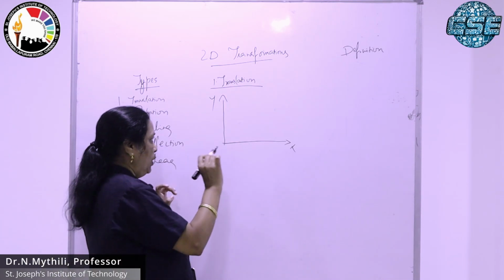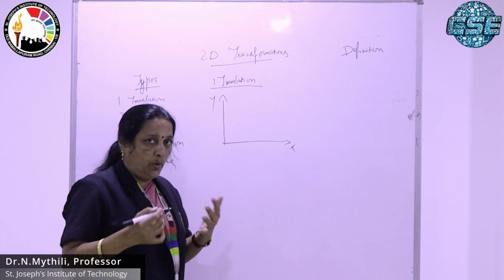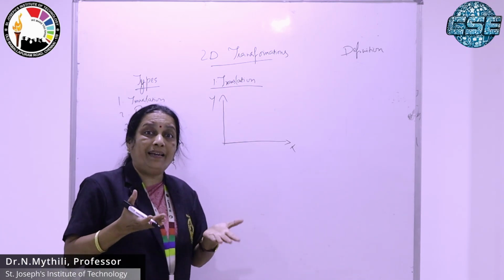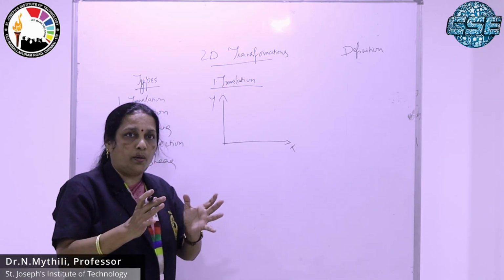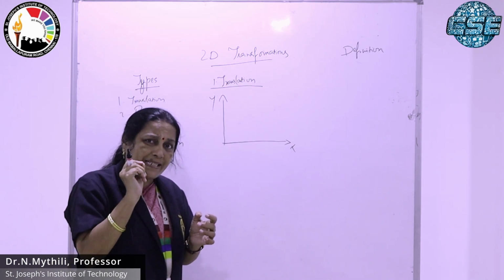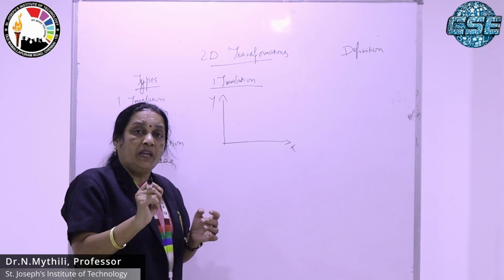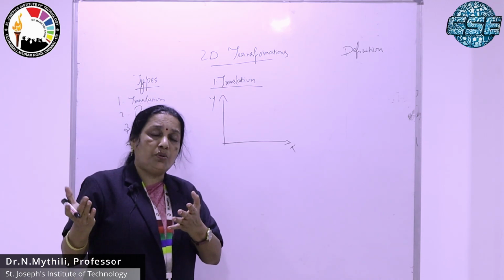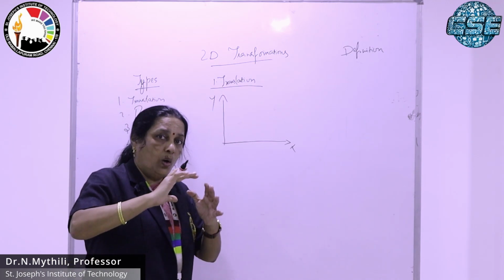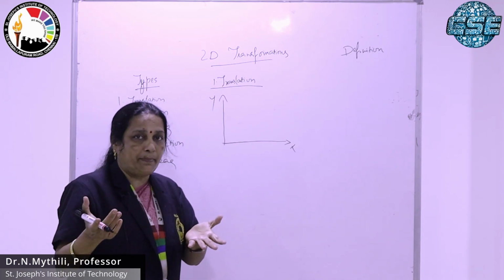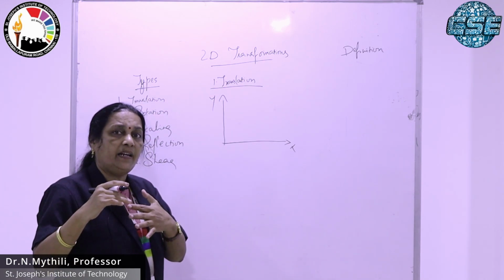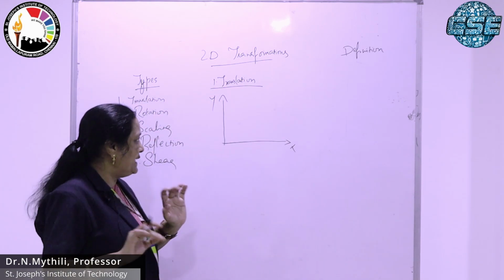Now the object, as I told you already, we cannot apply the equation to the whole object. We can apply it to a single pixel, so when you apply the equation to all the pixels, then all the pixels are transformed to some other position, so that you will have the object moved to some other place, right?